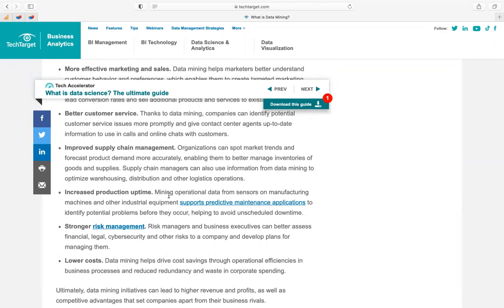In your supply chain, should you improve or maximize how you take in raw materials from your suppliers? With your data, you find out, oh, my productivity has increased. Therefore, I should increase my supply chain so that I can increase my productivity. Data mining helps you to make such informed decisions.